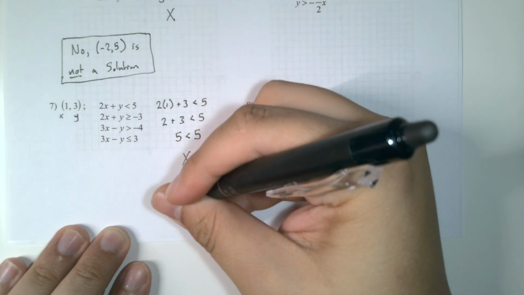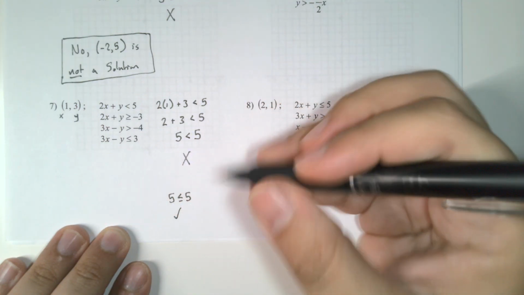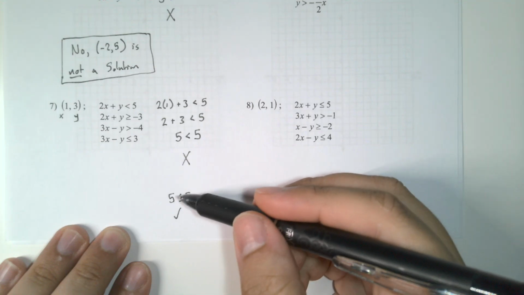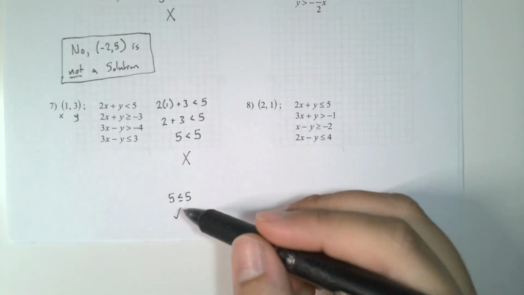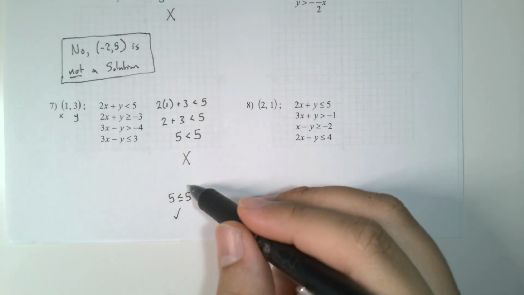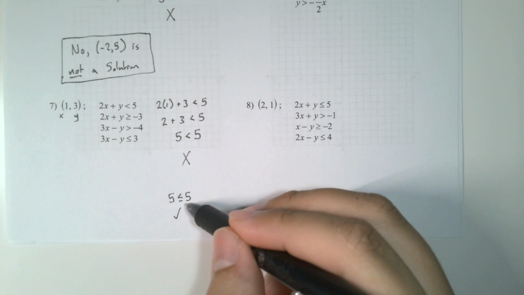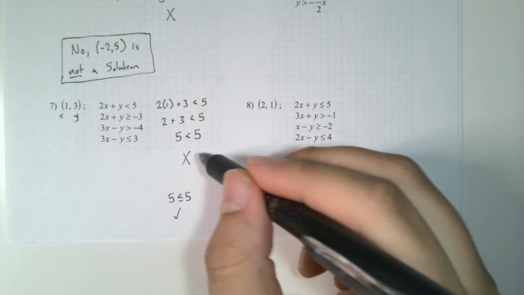Now, if I had 5 less than or equal to 5, then that would check out, because this means 5 is less than 5, but that's false, but this also means 5 could be equal to 5. So because it is 5 is less than or equal to 5, then this would be true, but 5 less than 5 would be false.